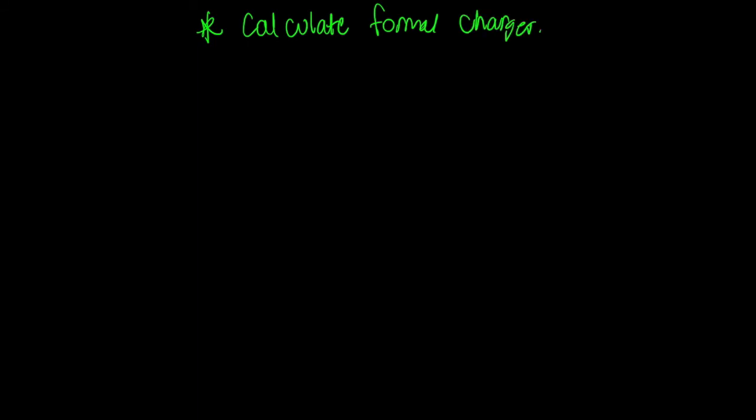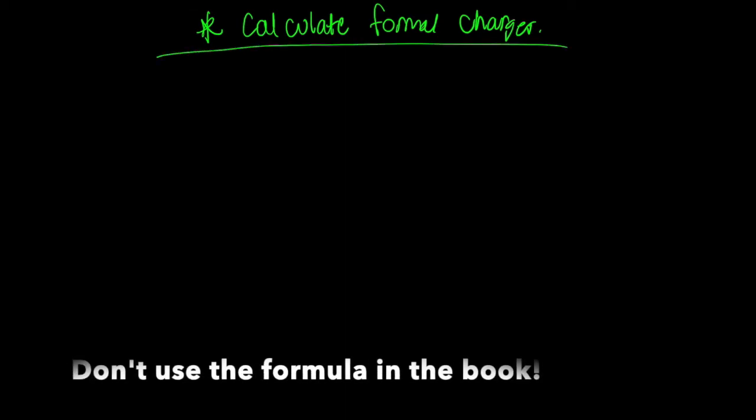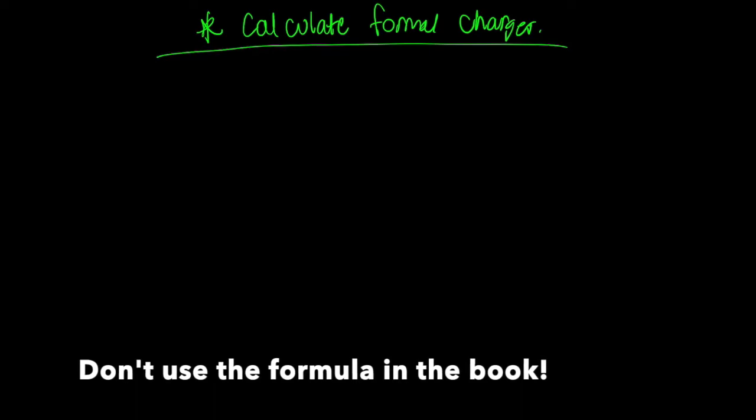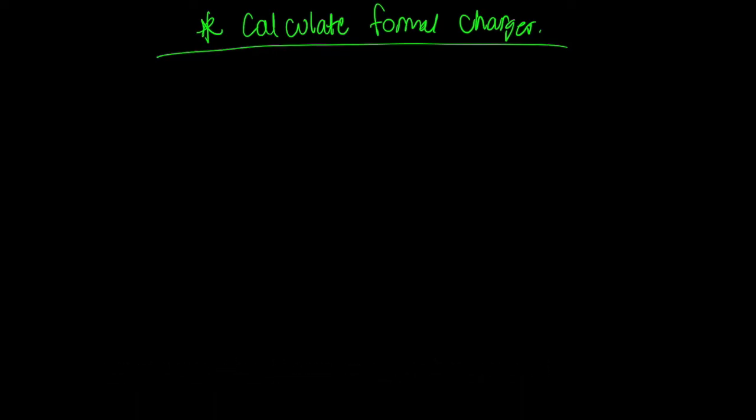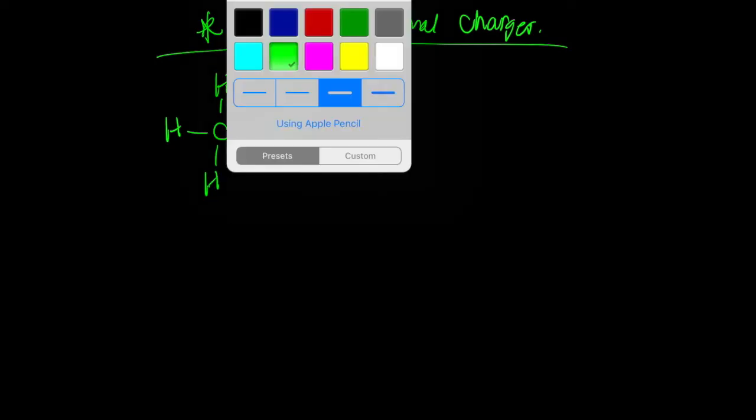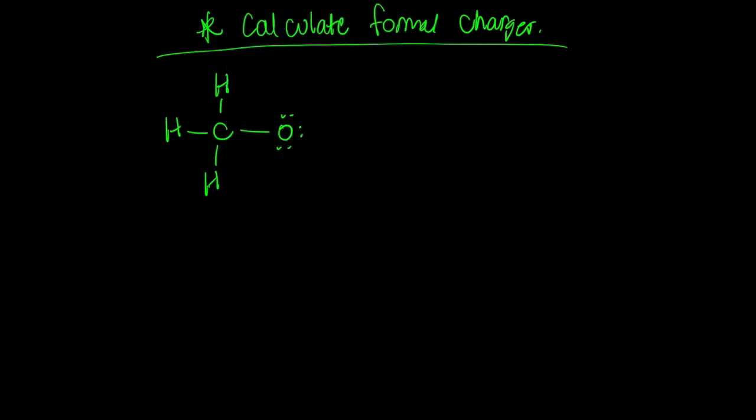The equation in the book is very difficult to use, and it's complicated and it's tricky and you'll make mistakes. Let's say you want to calculate the formal charge of this carbon in this molecule and this oxygen in this molecule. Now, if you have a drawing, add your dots on top of the line so you could actually picture them.